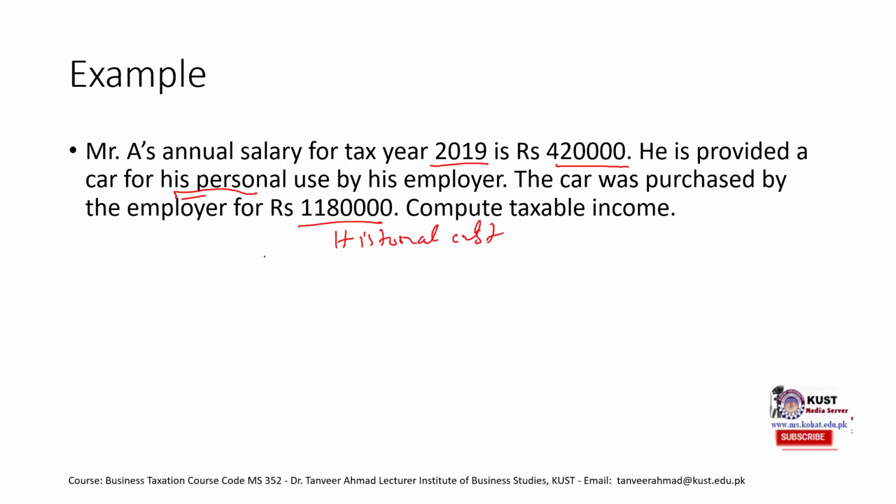So to calculate the taxable income, in this case we would calculate the 10% of this 1,18,000. So first we would write the basic salary. Basic salary in this case is 4,20,000. Then we would calculate the value of conveyance facility.